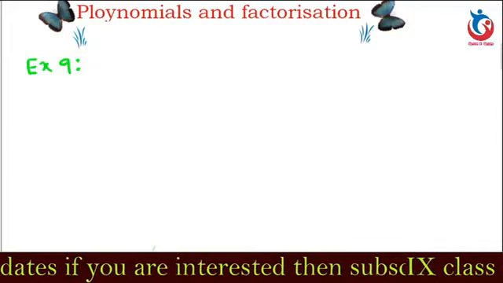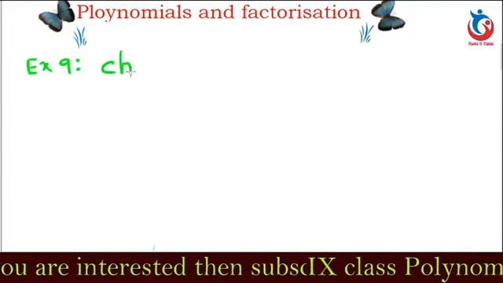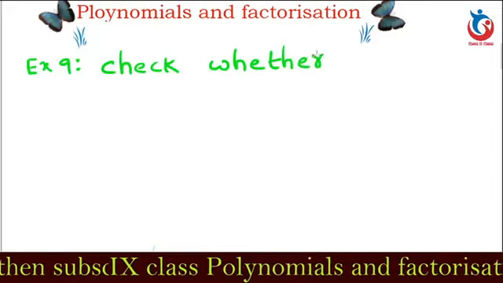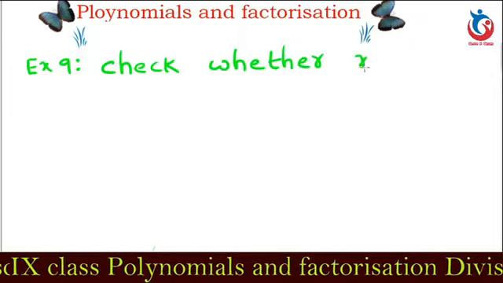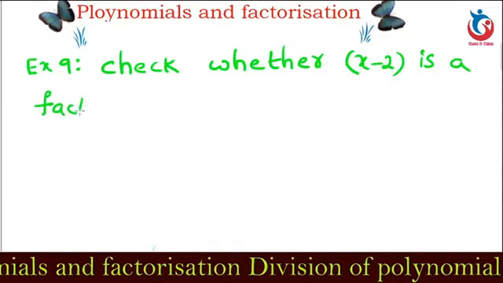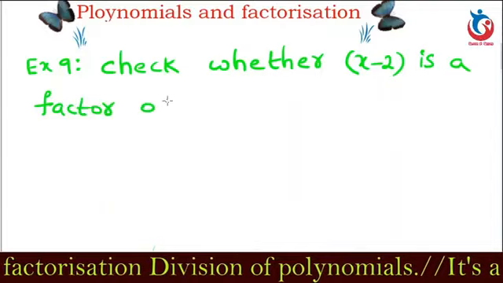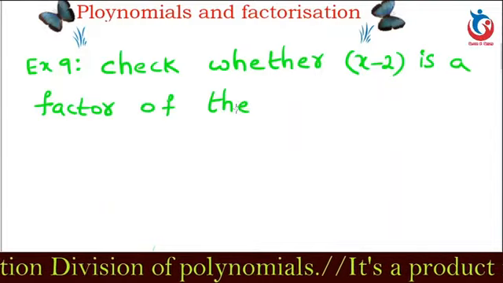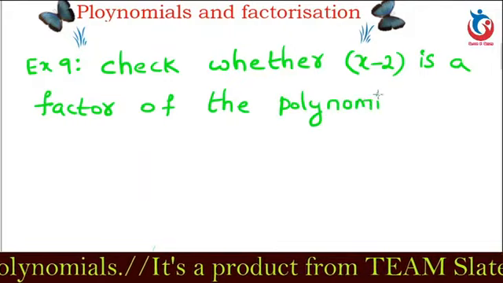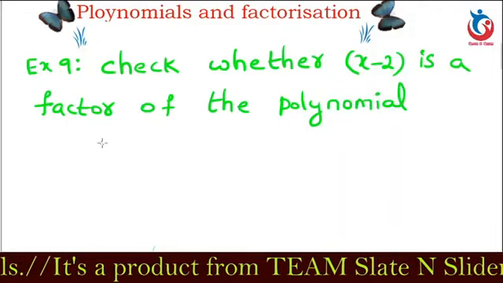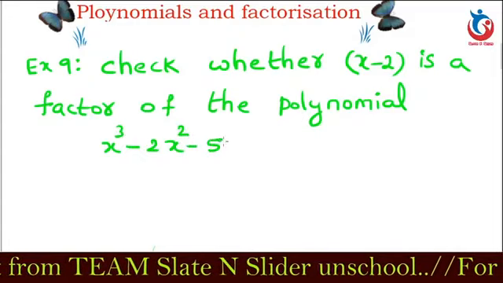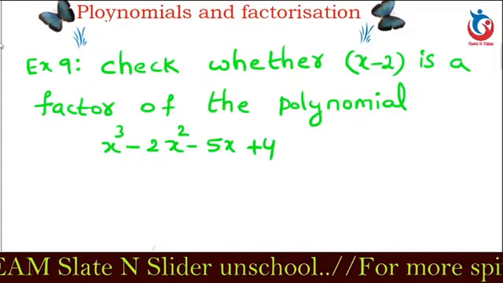Check whether x minus 2 is a factor of the polynomial x cube minus 2x square minus 5x plus 4.